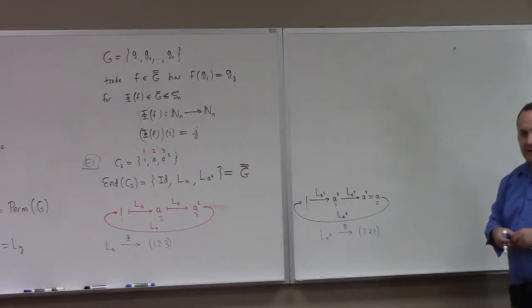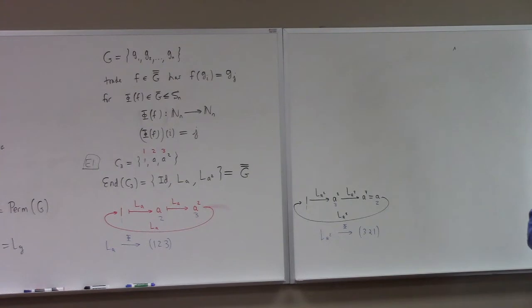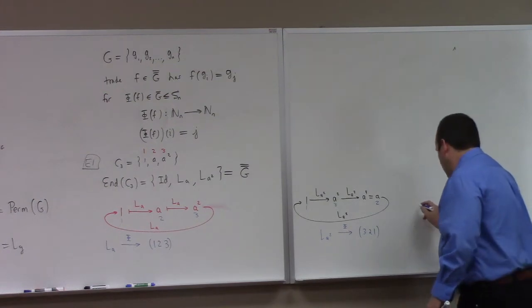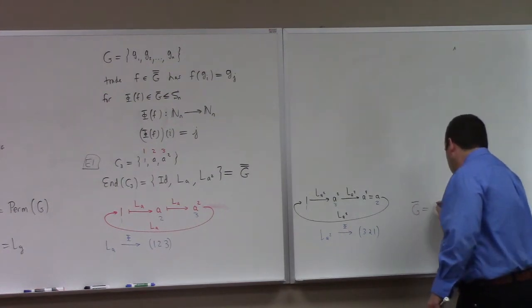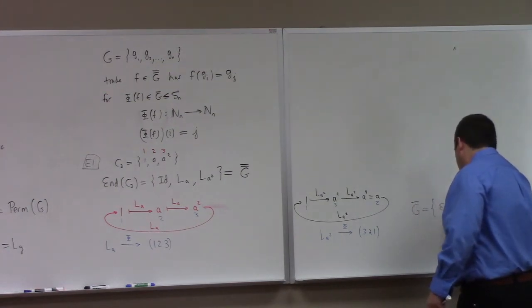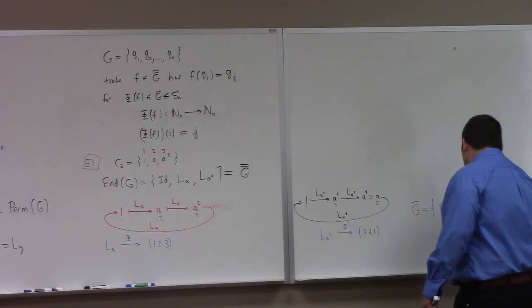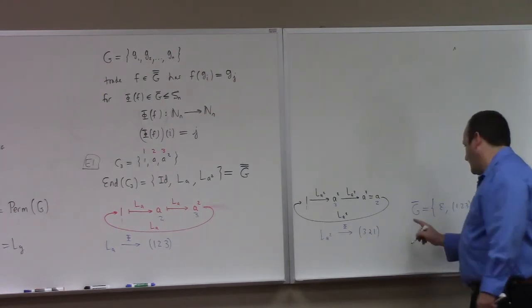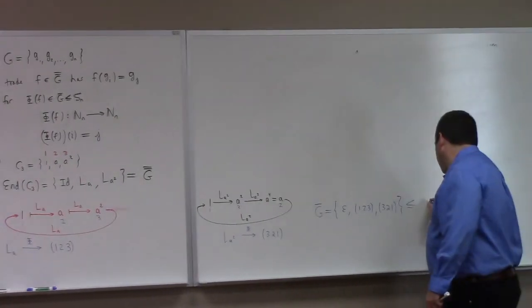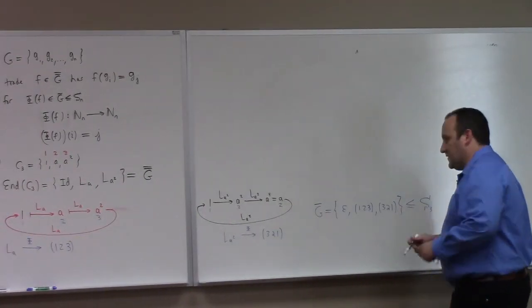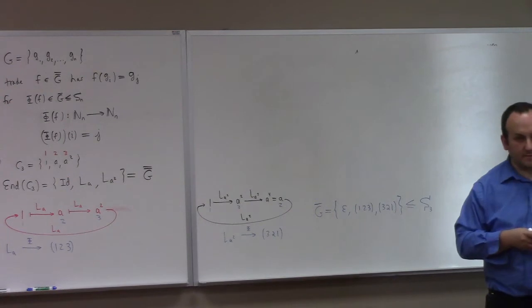And then, of course, there's the identity map, which corresponds to the identity permutation. In summary, this G bar is the identity permutation 1, 2, 3, and 3, 2, 1. There you go. This is a subgroup of S3, which is isomorphic to the cyclic group of order 3.